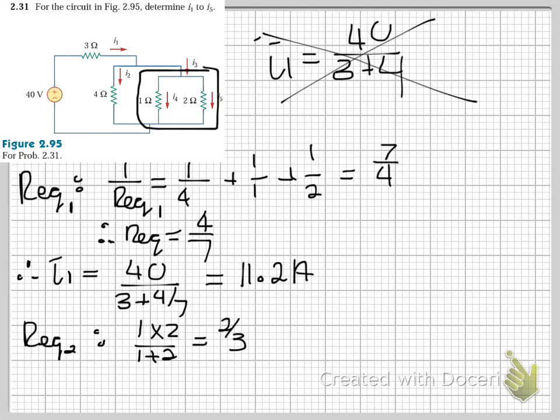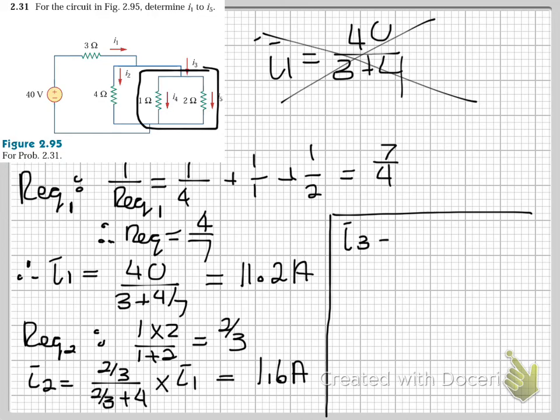So therefore, now we can say that I2 is equal to 2 over 3 divided by 2 over 3 plus 4 multiplied by I1. Oh no, I must multiply by 11.2, which gives a value of 1.6 amps, right? That's I2.